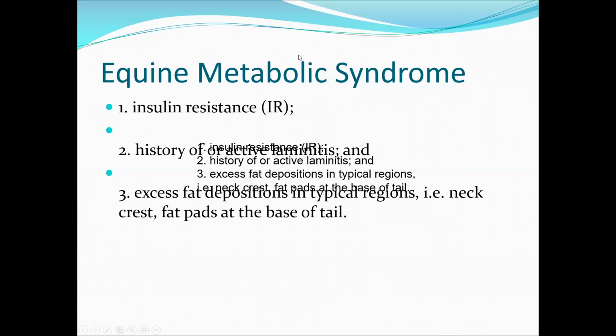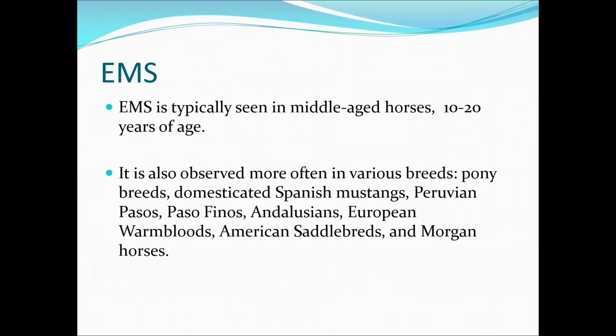All right, so you can have insulin resistance that's not affecting the horse, and those are the ones we want to catch early. The ones that we don't catch eventually typically turn into an EMS, and they basically are further down that pathway.